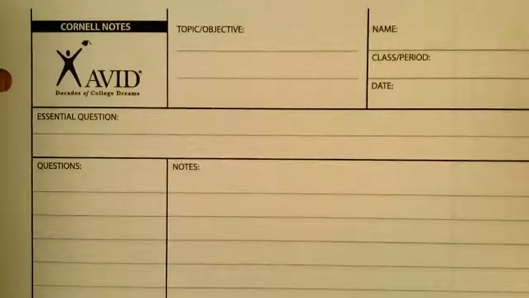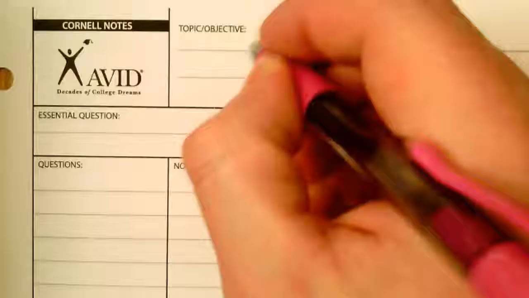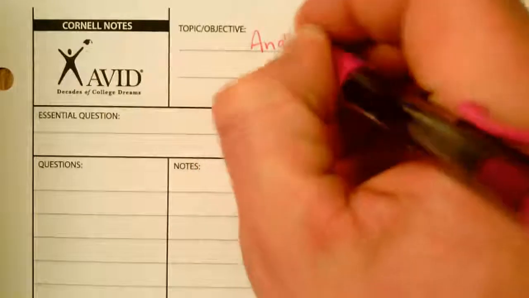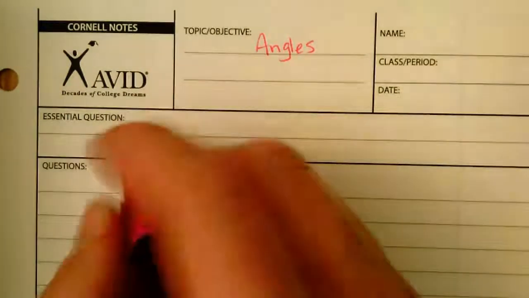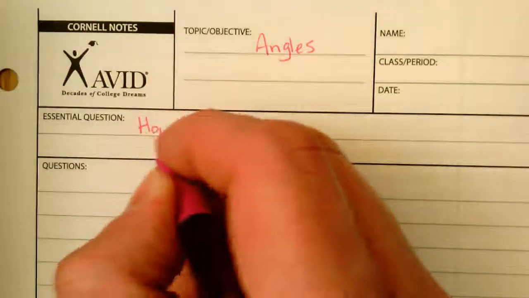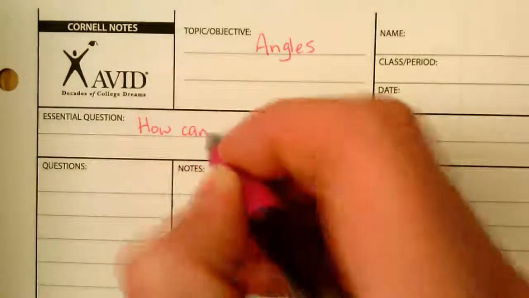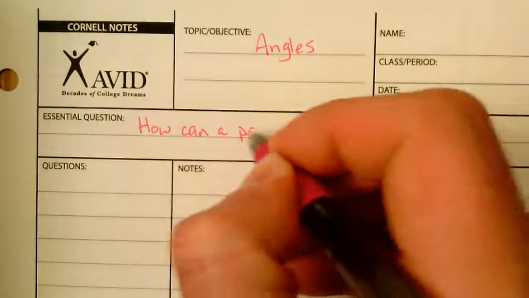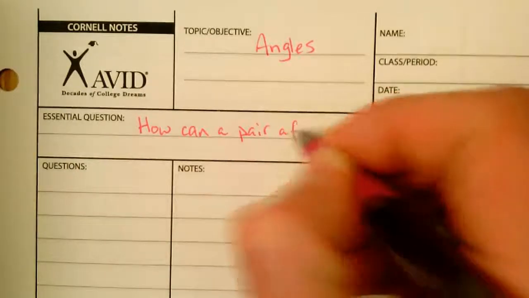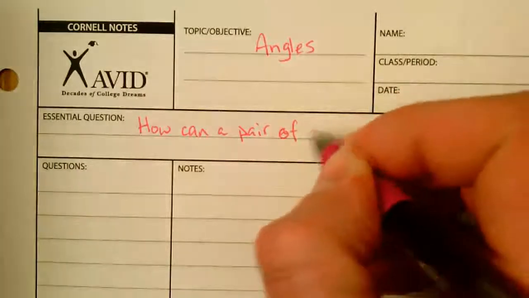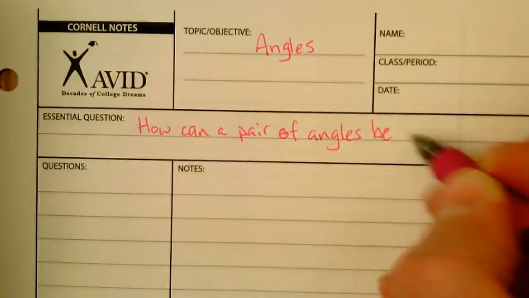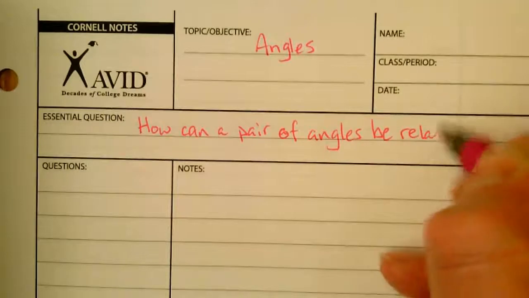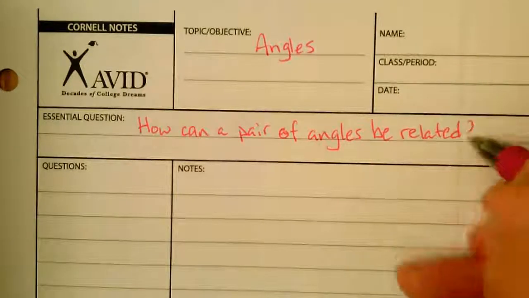Alright, in this set of notes we're going to be taking a look at angles. Our essential question is, how can a pair of angles be related?